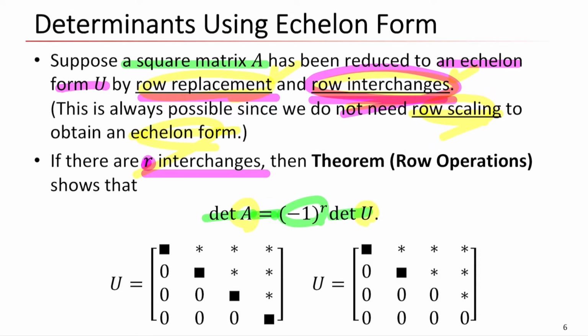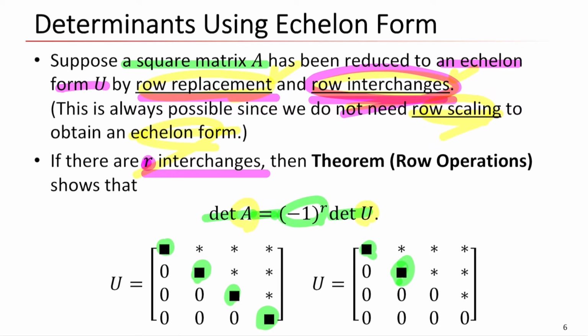So let's say there are two kinds of case. The first case is where there is a pivot position in every row.